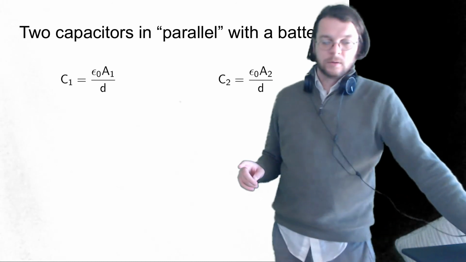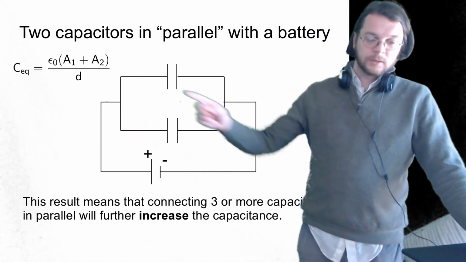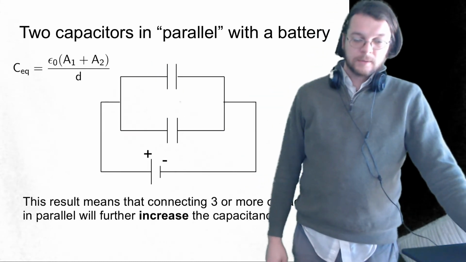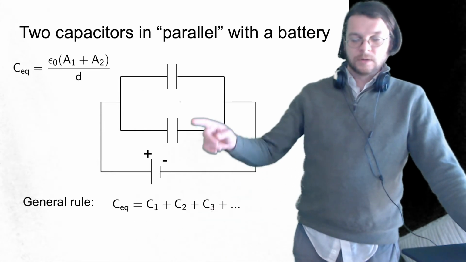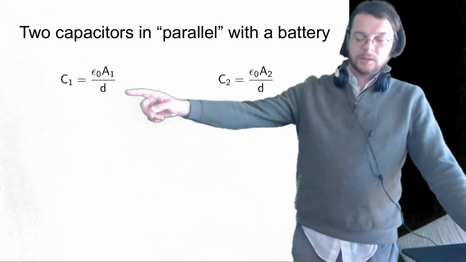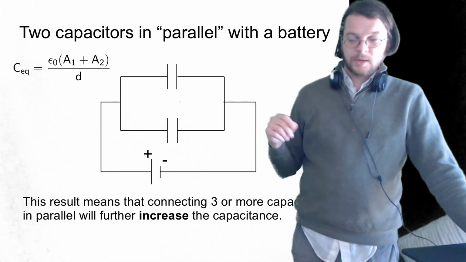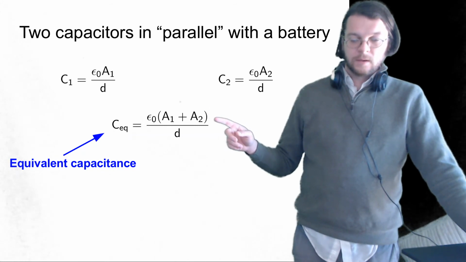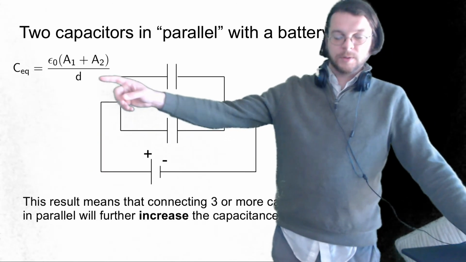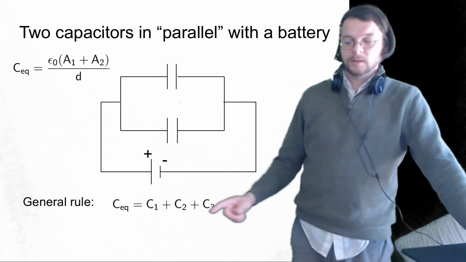But in general, one finds something like this. The general rule is you just add them together. This is true if the distance across the plates is the same, so this seems manifestly reasonable, right? It turns out that even if the distance across the plates is not the same, you still get just adding these things together.